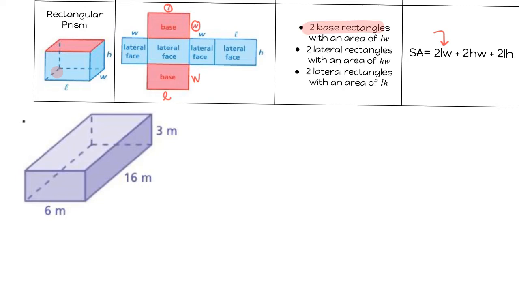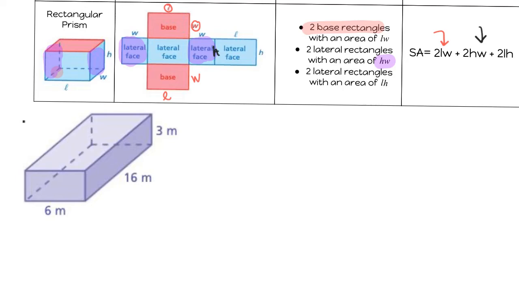Then I have 2 smaller rectangles on the sides. That's these 2. And they have an area of the height times the width. So this h carries over here, so this is h times w. So I have 2 of those.